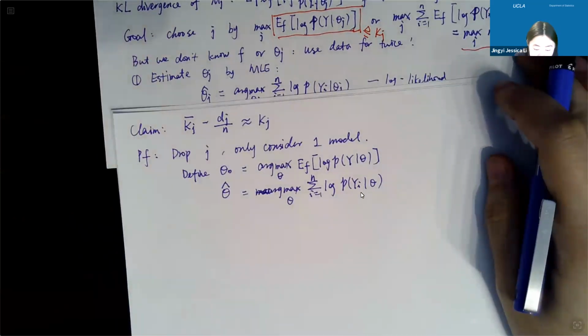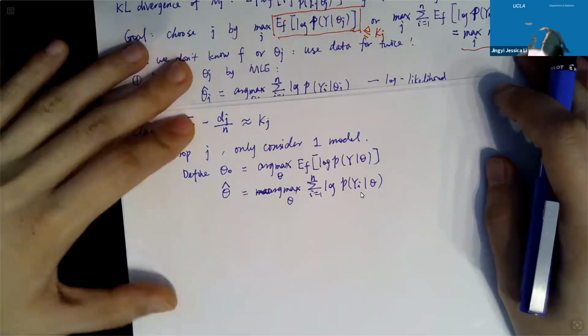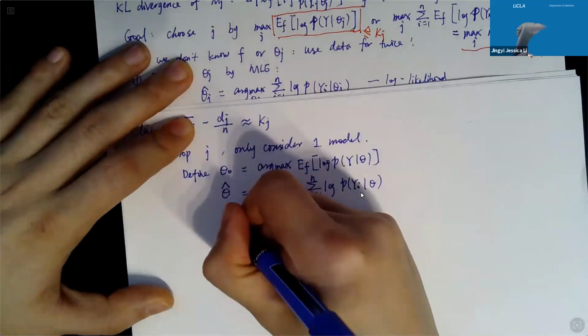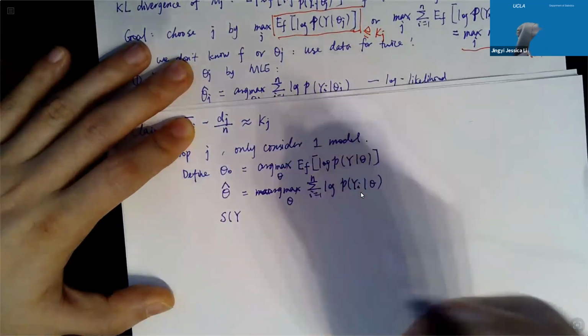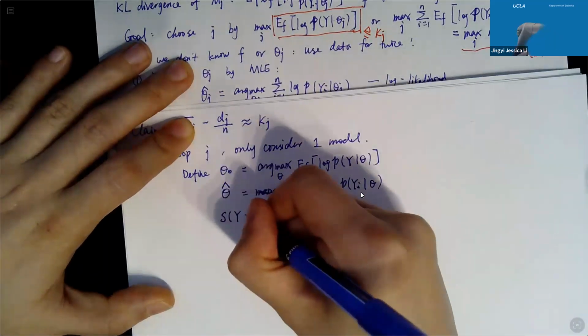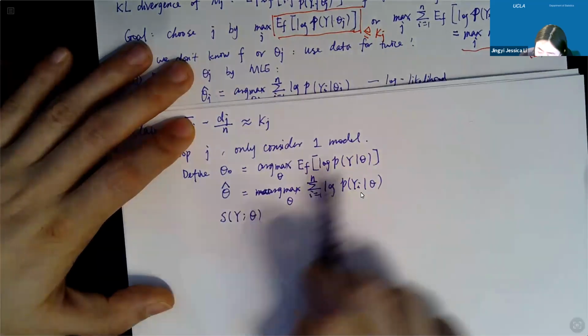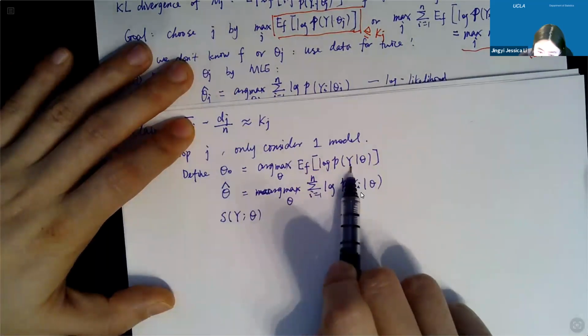To do that, we need a few notations as well. First of all, we will define the score function, which we write as S_y(theta). It's the score function based on the model density.